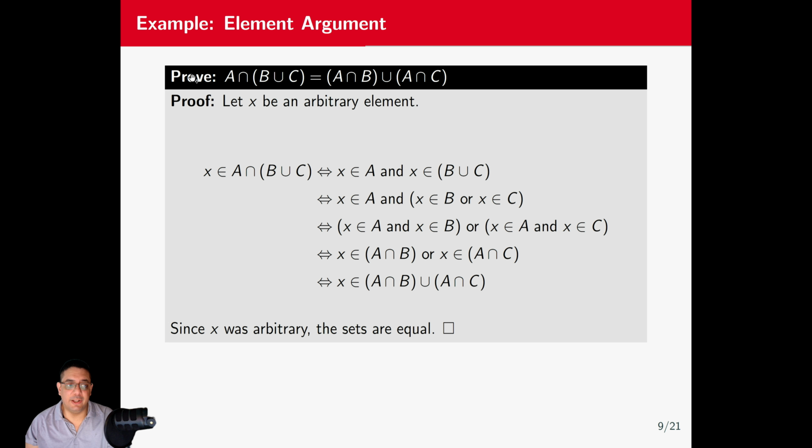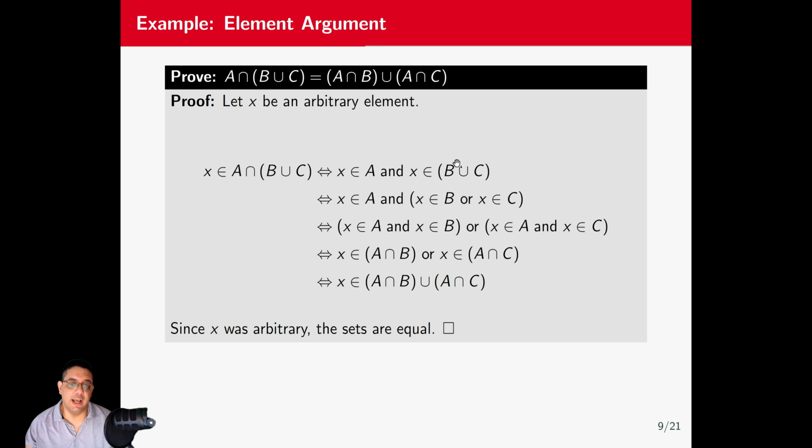Now, for example, let's prove that A intersection (B union C) equals (A intersection B) union (A intersection C). Let's pick an arbitrary element. If we pick an element X of A intersection (B union C), then by definition X belongs to A, and X belongs to B union C, because this is an intersection, so both need to happen.